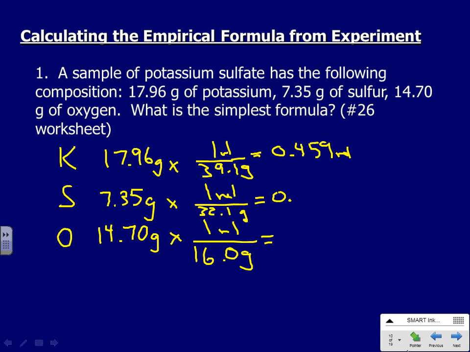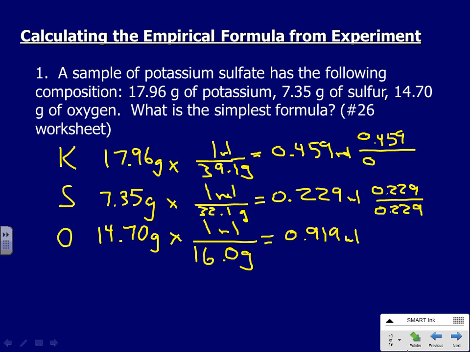Did you say 229? 229 moles. Yep. 0.919 moles. Dividing by the smallest. 0.229, 0.229, 0.459, 0.229, 0.919, 0.229.